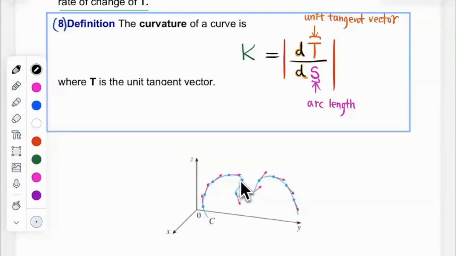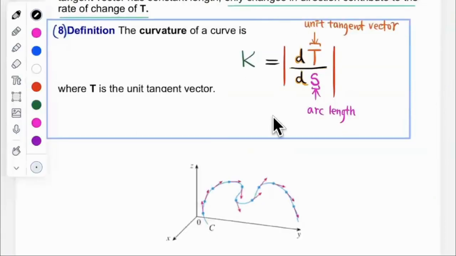So this part here has bigger curvature. This part here has smaller curvature. So curvature actually measures how quickly the curve changes direction. So the quicker this curve changes direction here, the bigger the curvature. See here we have bigger curvature, here has bigger curvature, but here is more straight and the curvature will be smaller.